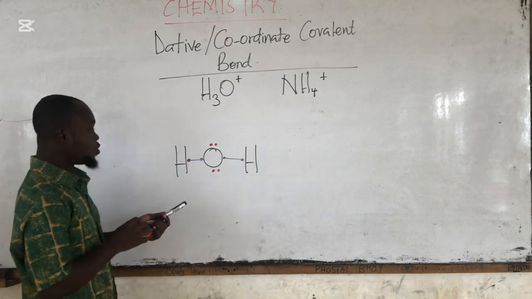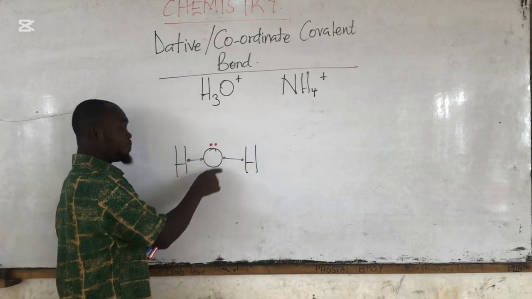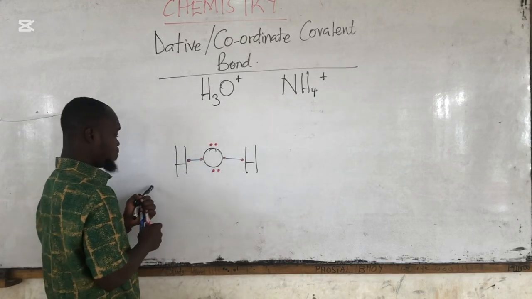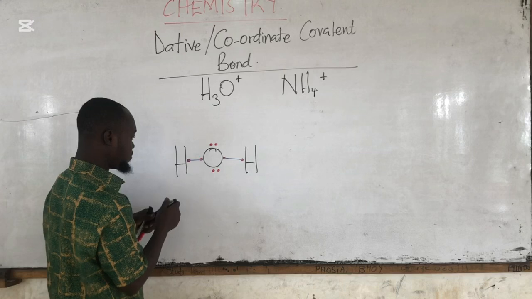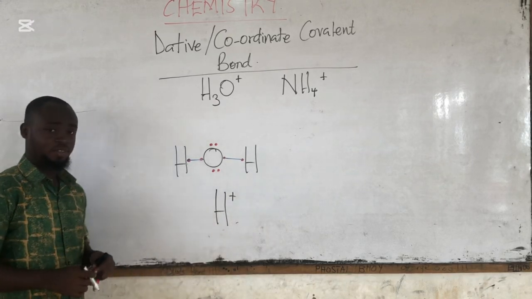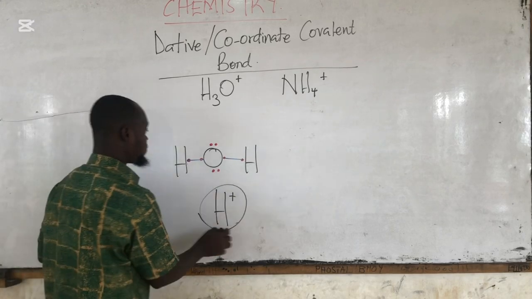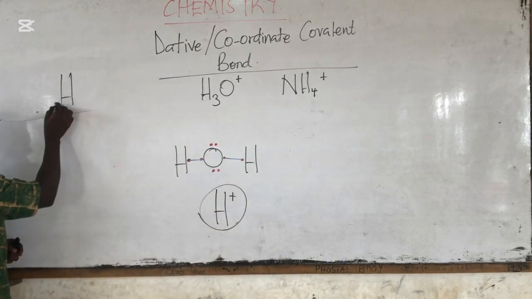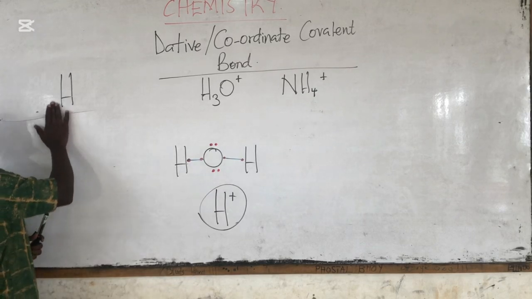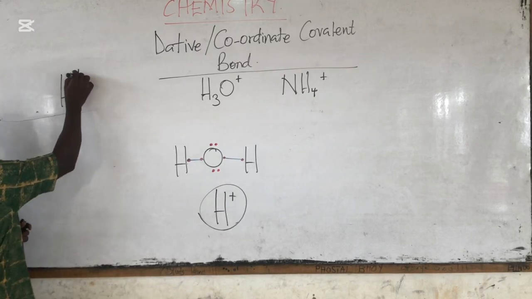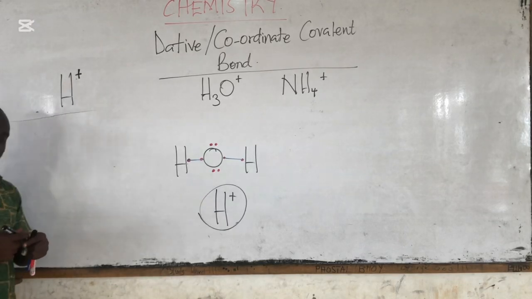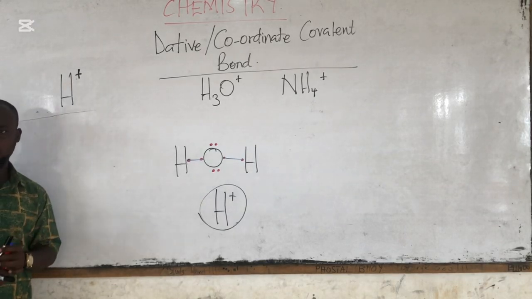We can see that there is one lone pair here, another lone pair here. Now, the second species is the H+. What is the meaning of H+? Hydrogen has one electron. If hydrogen loses this one electron, it becomes H+. The H+ here indicates that the hydrogen has zero electrons in its orbital.